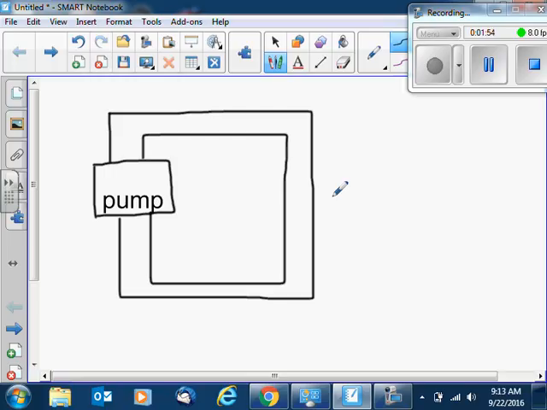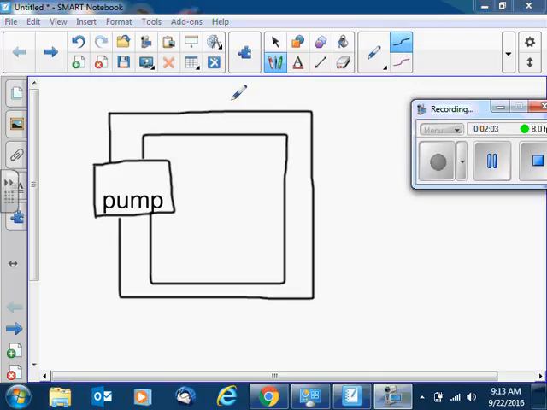Okay, so I have pipes, I have water flowing in those pipes. And the water is going that way, this way, this way, this way. Okay, that's how my water is going.